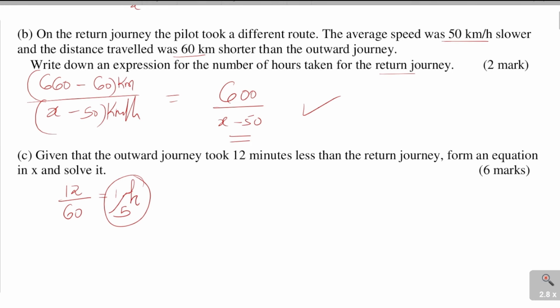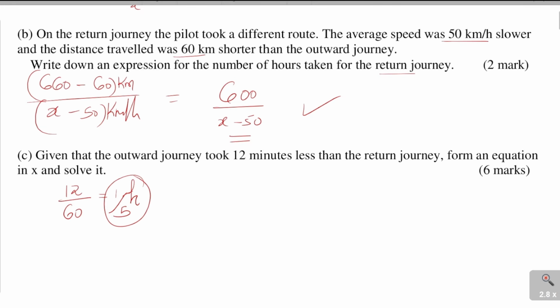So the outward journey, how do we write this expression? We have the number of hours taken for the outward journey and the return journey. If the outward journey took 12 minutes less, that means the return journey took longer.